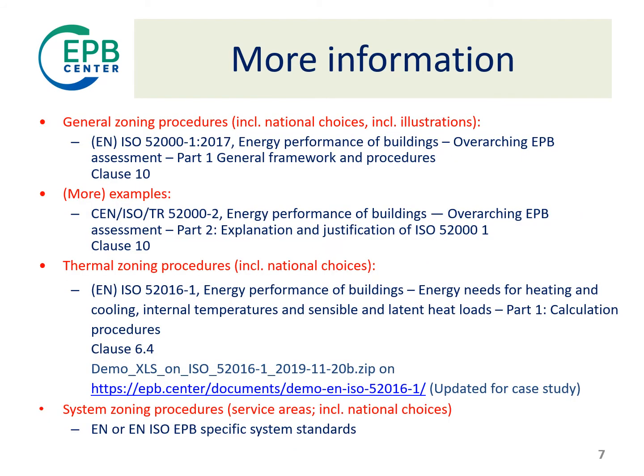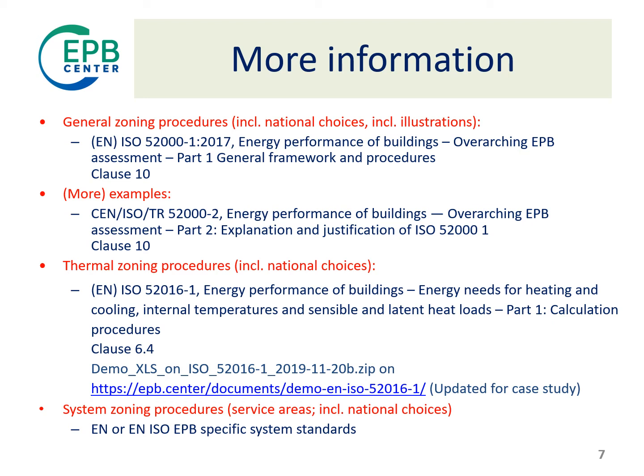More information can be found in the following energy performance of buildings standards. EN ISO 52000, Part 1, where the overall zoning rules are given in Chapter 10. Part 2 is the accompanying technical report to the standard. It gives explanation and more examples in its Chapter 10.